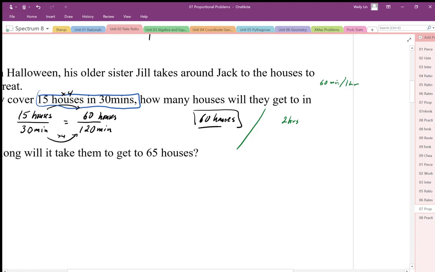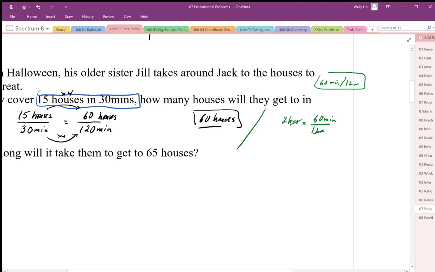So I can use this. This is a rate as well. And remember, my unit analysis, we just need to keep track of the rates. And if I want to convert it into minutes, I do 1 hour on the bottom so that the hours cancel out, and 60 minutes on top.